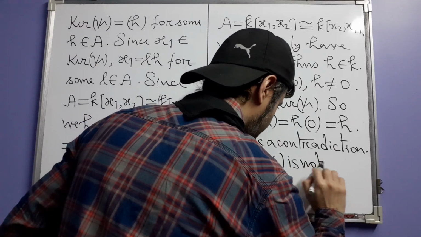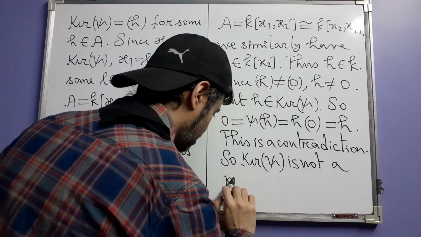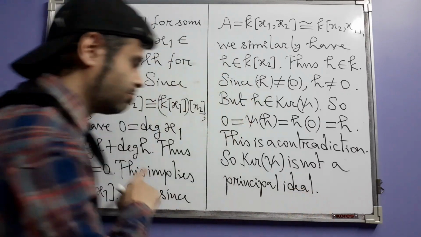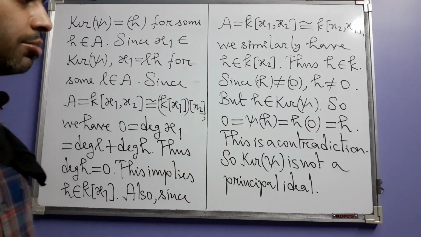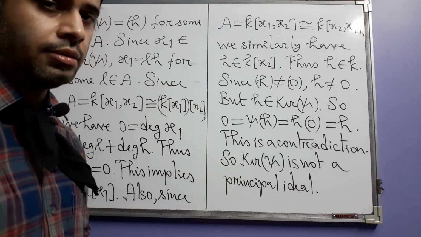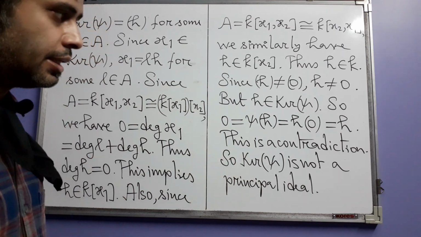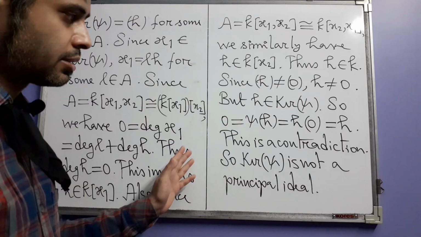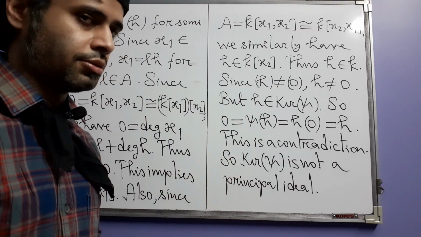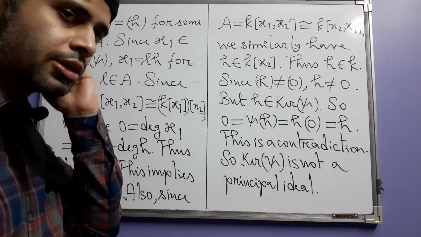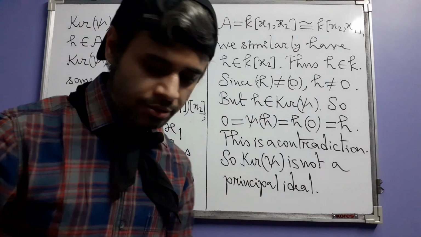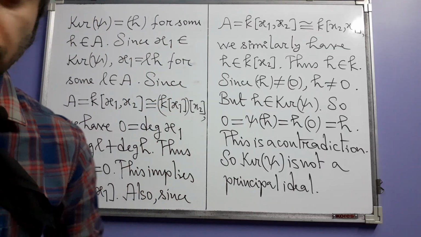The kernel cannot be a principal ideal. I want you to adapt this argument for the general case where you have any n in place of just 2. It is straightforward. Okay, don't think that there is some unusual twist, or that if you increase n then things really change. No, nothing essentially changes except n itself changes. So what is our conclusion then from all of this?